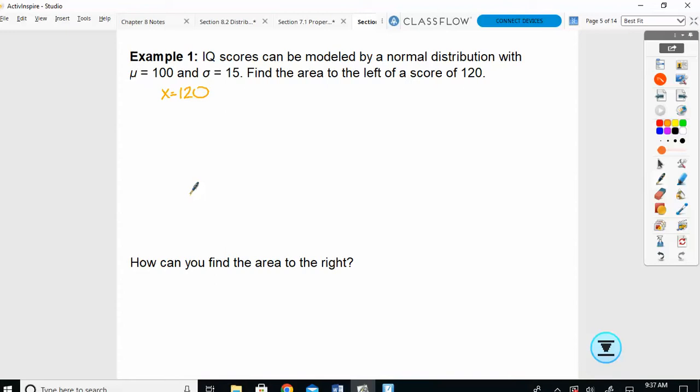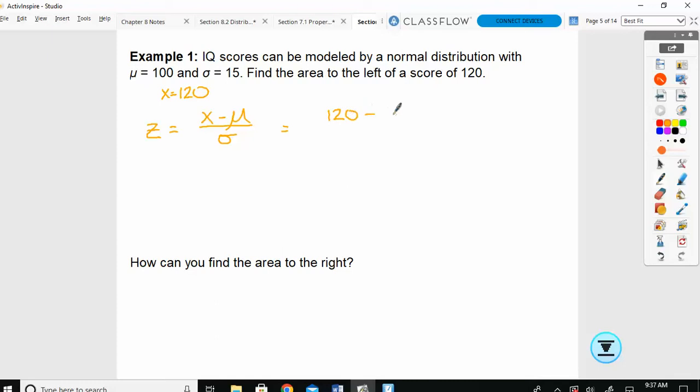We know how to find z's. We did it way back when, so it's on your formula packet under chapter 3, the sample z-scores. It's also listed again right under chapter 7. So our z is x minus mu over sigma.